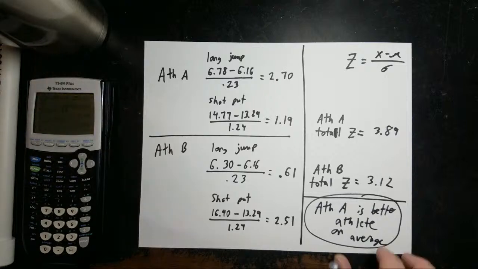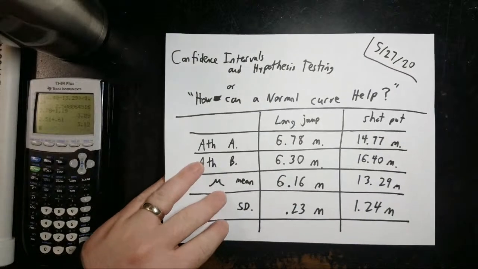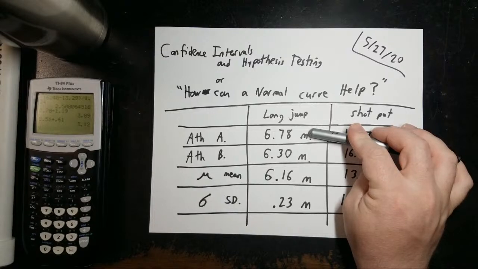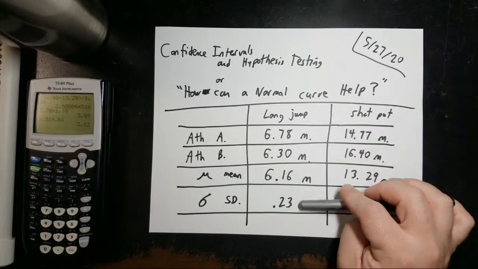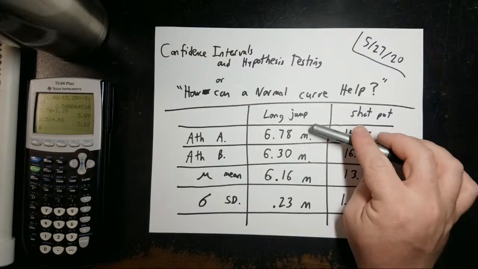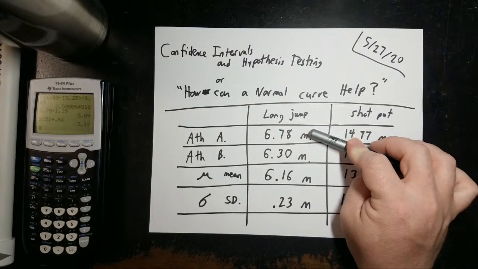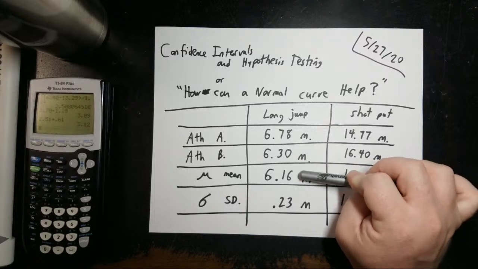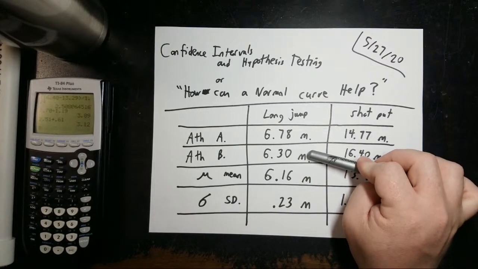The reason for that has to do with how much better they are on average compared to everybody else. For example, athlete A, because of the mean and standard deviation of everybody else, was 2.7 standard deviations above the mean, whereas athlete B was 0.61, only 0.61, less than a standard deviation above the mean.